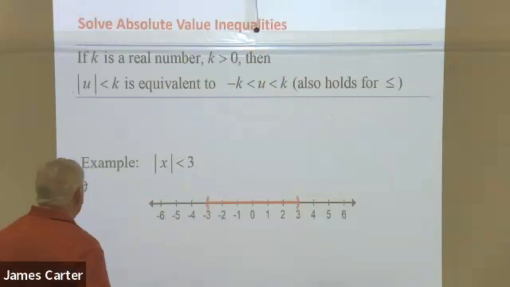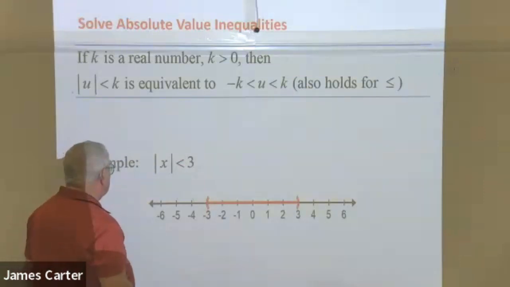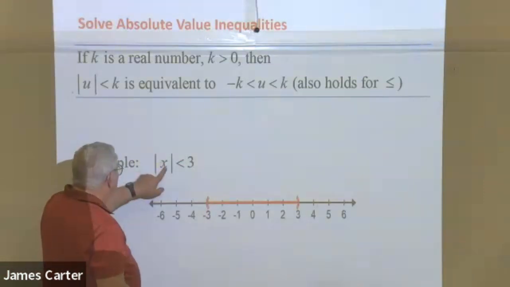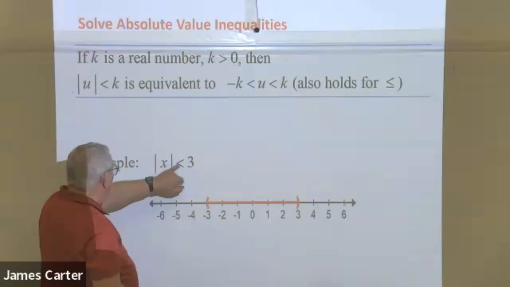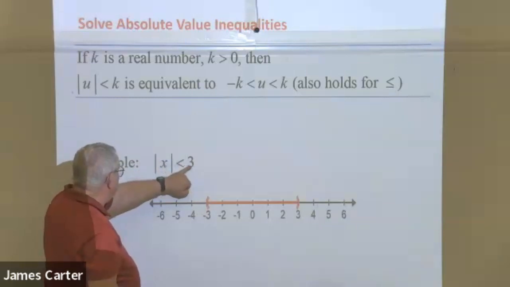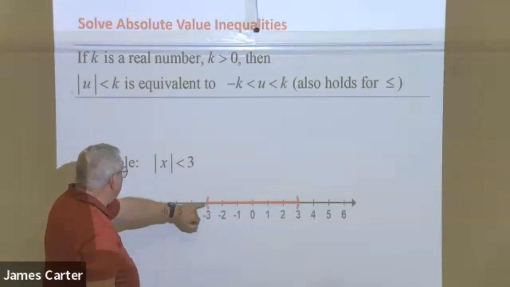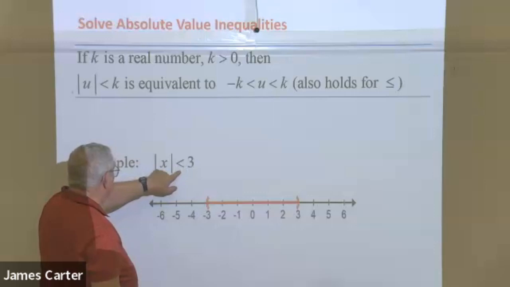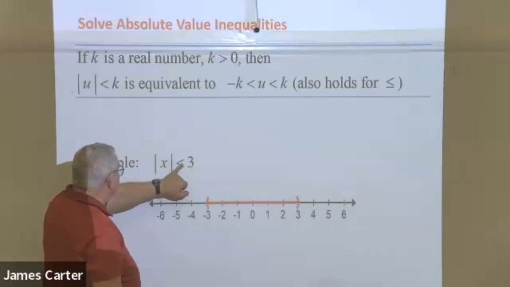Why is this true? Because negative x would produce a positive 3. And that's non-inclusive. And a positive x and a positive 3.